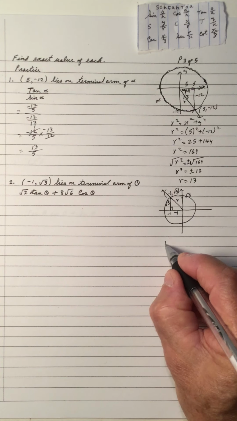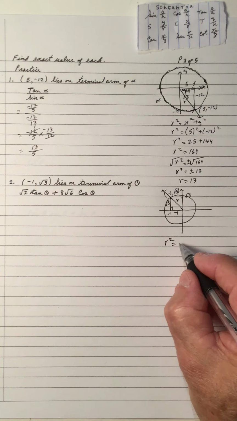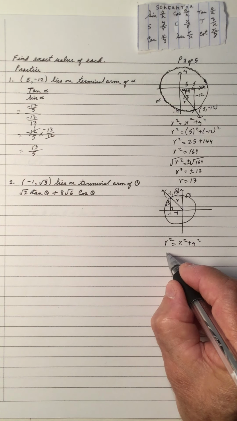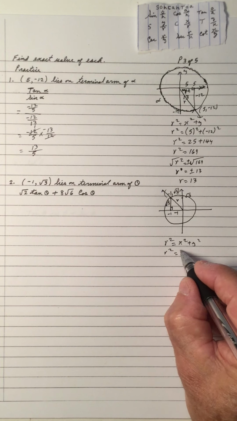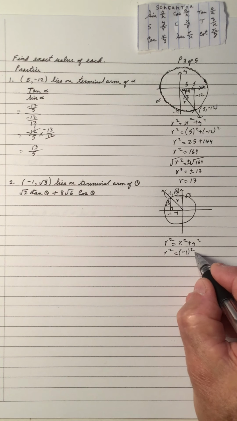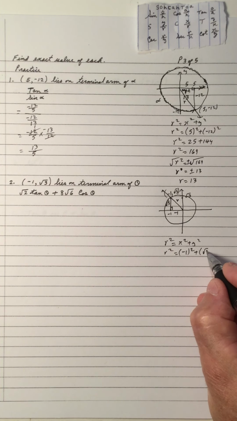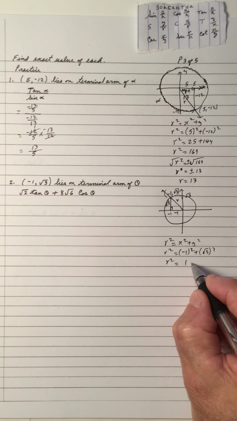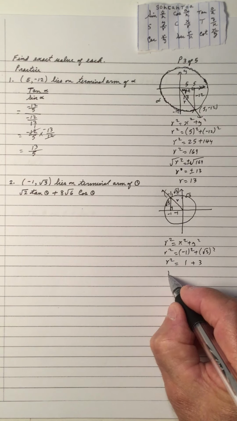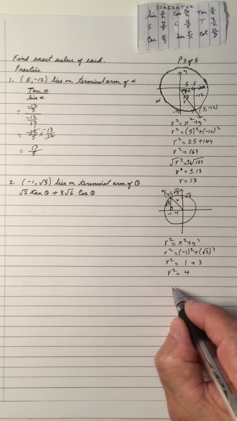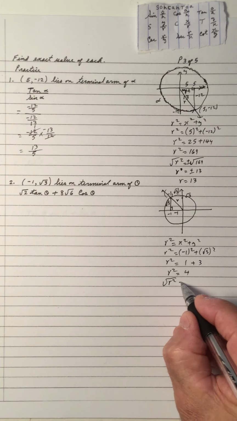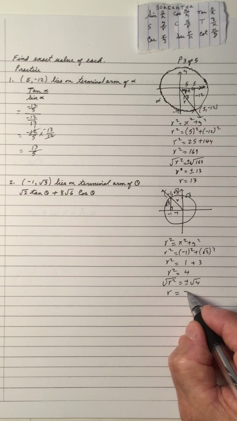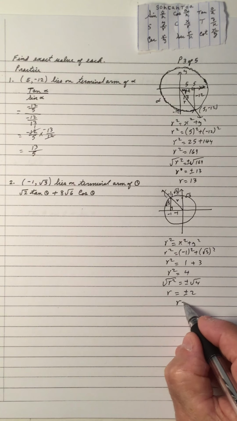And we work out the radius or the hypotenuse. So r squared is x squared plus y squared. X is negative 1, y is root 3, and we square them. Negative 1 times negative 1 is 1. Root 3 times root 3 is 3. R squared is 4. So the square root of r squared is plus or minus the square root of 4. R is equal to plus or minus 2. So the radius is 2.